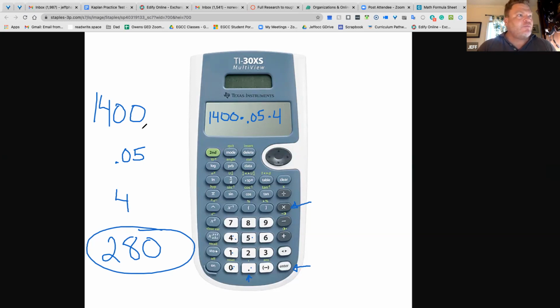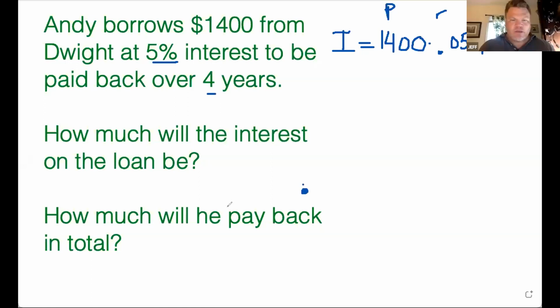Because when we go back to the question, they could either ask, how much is the interest? They could ask that, like, how much does this loan cost them? And that answer would be 280, which would be cool. But if they asked the question, how much money he pays back in total, well, he's not going to pay 280.